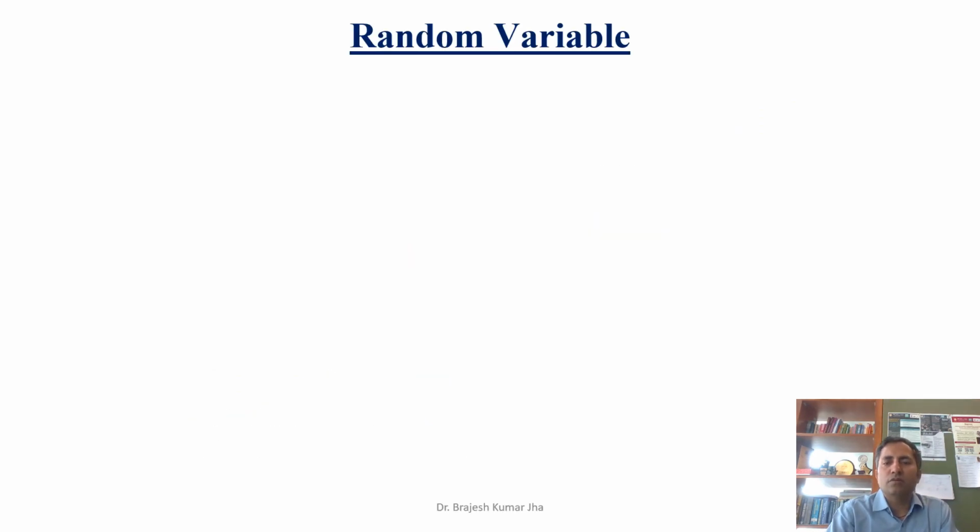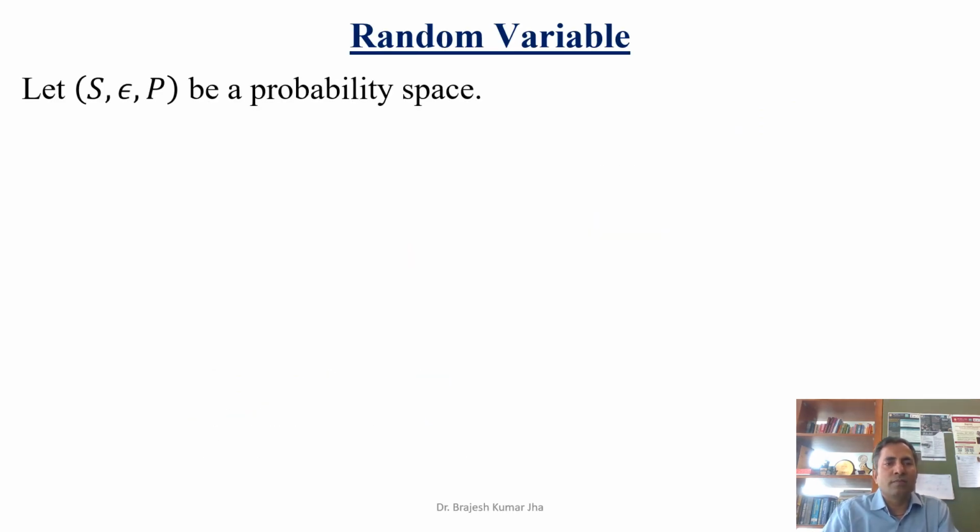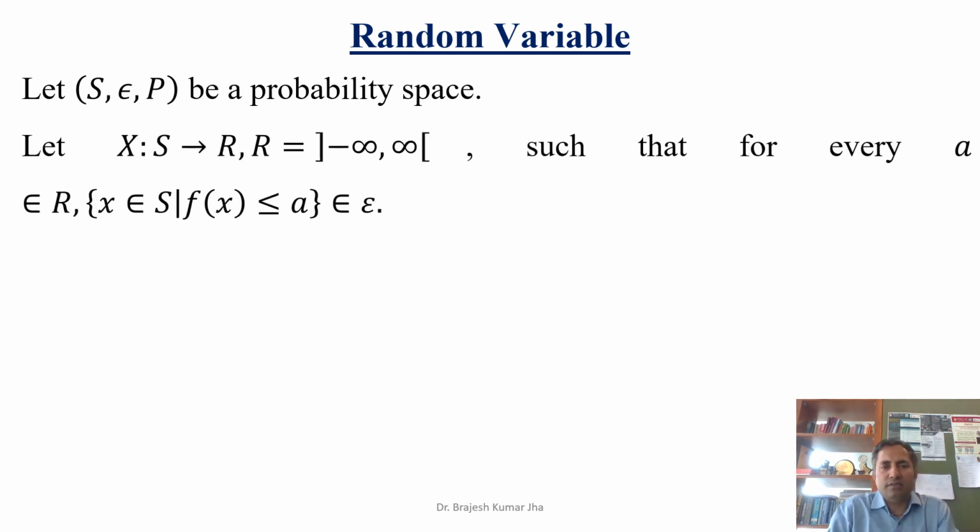So first, what is a random variable? Suppose we have a probability space that is S, epsilon, P. So what is a random variable? We treat X here as the random variable.